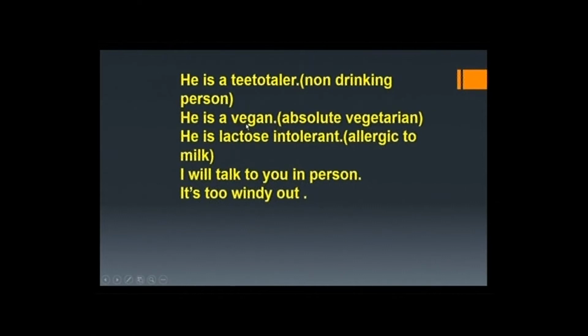Next, in the same way, he is vegan, absolute vegetarian, he doesn't take even dairy products, so whatever the vegetable is only he will take. वो कुछ भी नहीं खाता. Like असी कहने he is vegetarian means he can take dairy products, means any milk products, right? But he is vegan, it's another term, आजकल बहुत चल रही है.